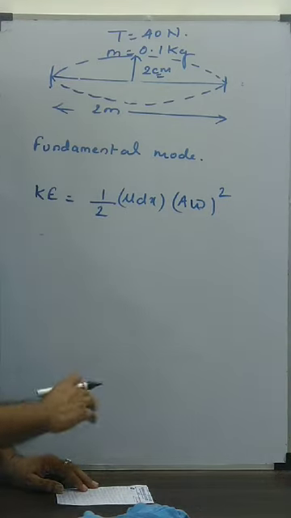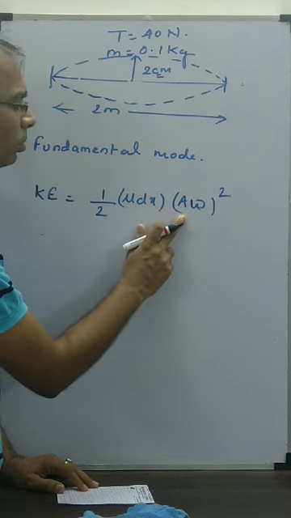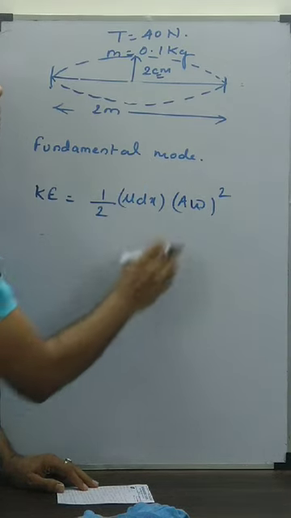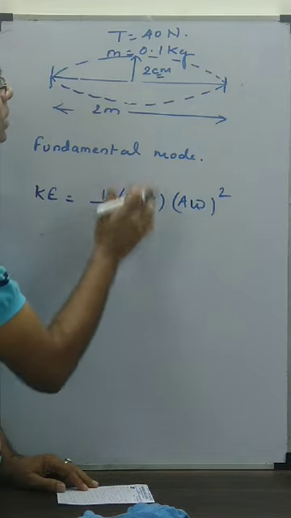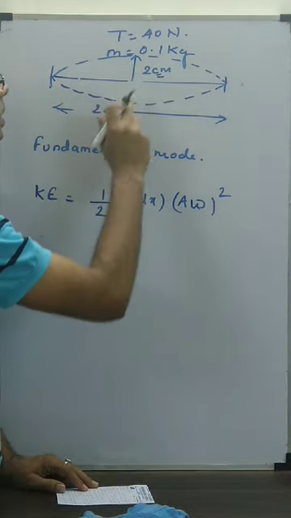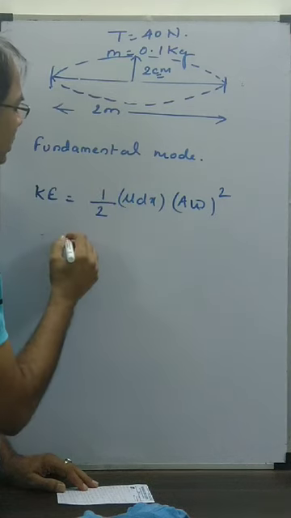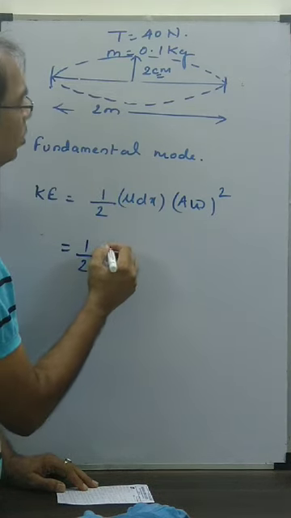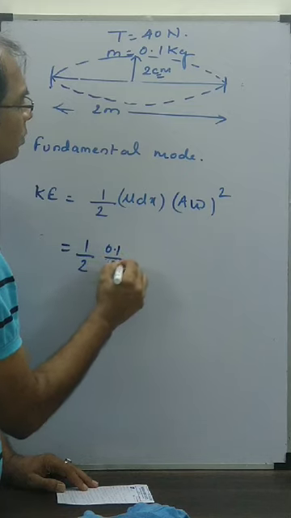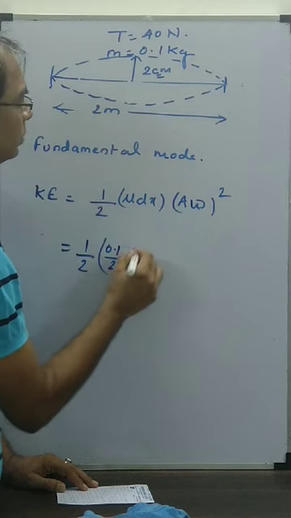Now, many things we have to find. Amplitude is given to us, no doubt about that. Omega we have to find. Mu dx also is there: mass, length, and dx. So 1 by 2, mu means mass by length, that is 0.1 by 2, dx.